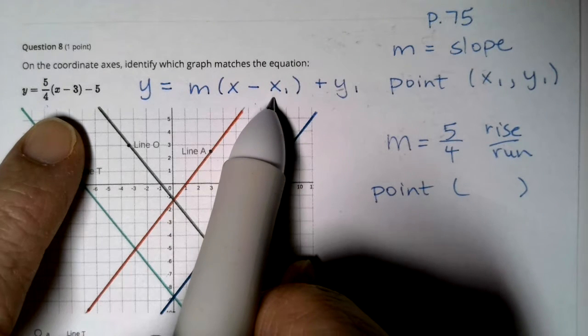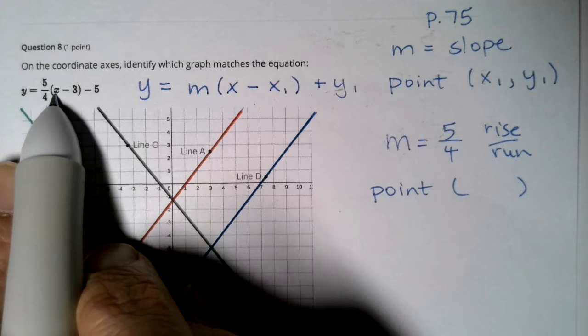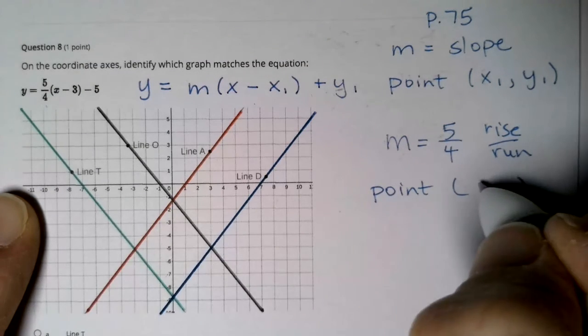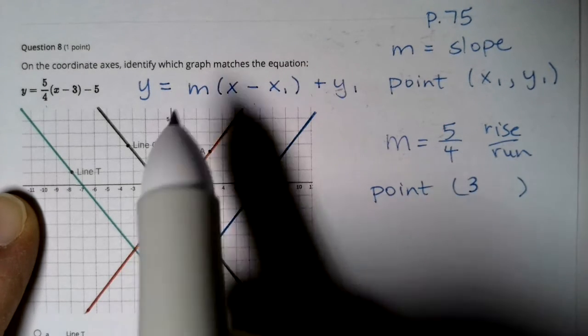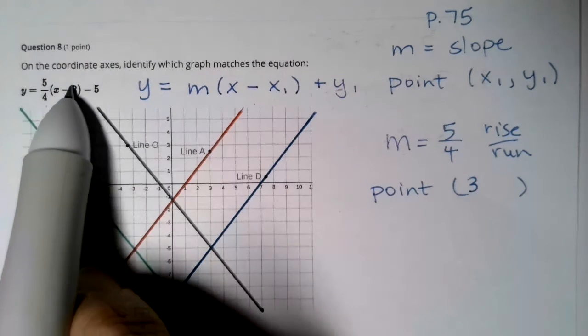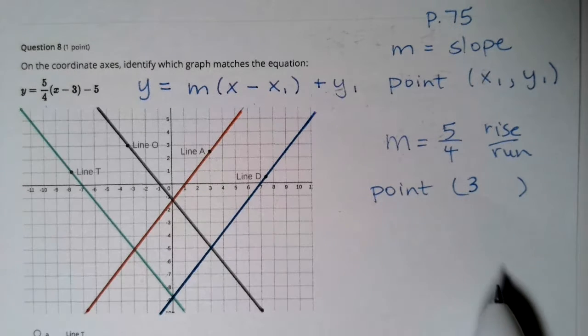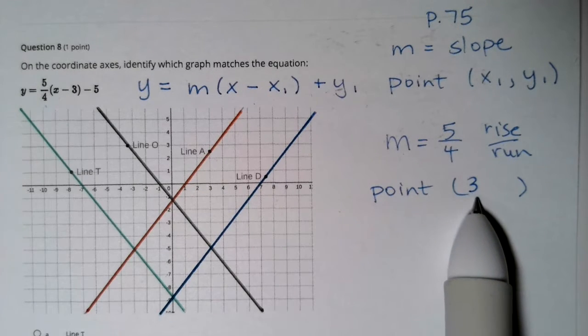So I have x minus x1, and I have x minus 3 here. My x coordinate is 3. Generally, what we think about is the opposite of what we see in the parentheses here. So I see a minus 3 here, so I should see a positive 3 in my point.